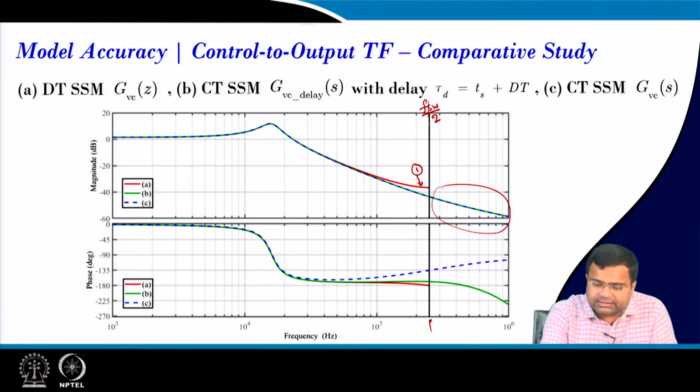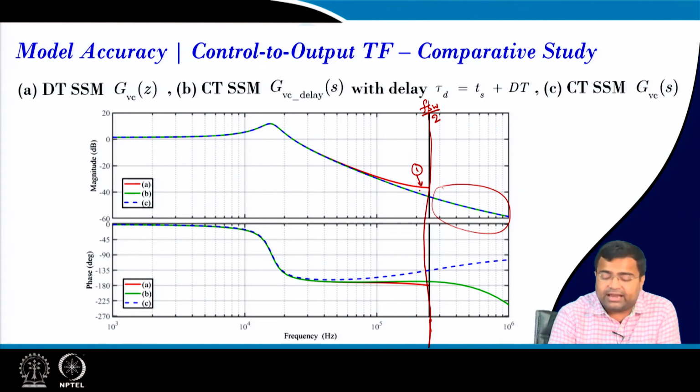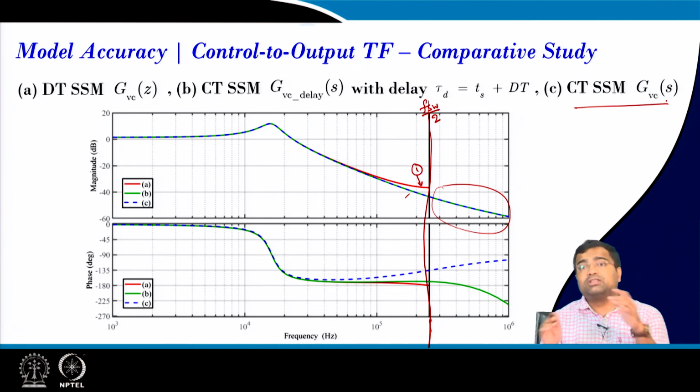If we consider the plot up to this half, you will find the first one is the accurate gain plot, and the blue and the green gain plots are identical. The blue one is the continuous time transfer function with delay, and the dotted blue line is the continuous time without delay.